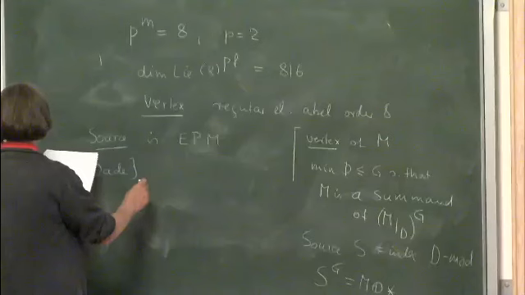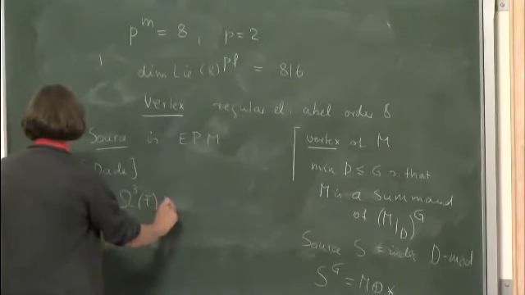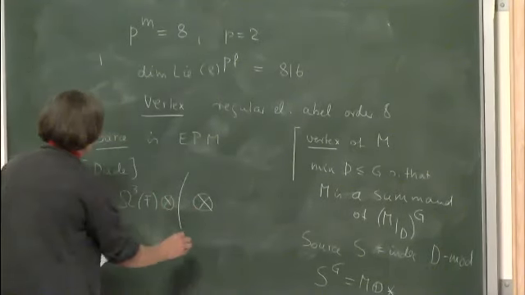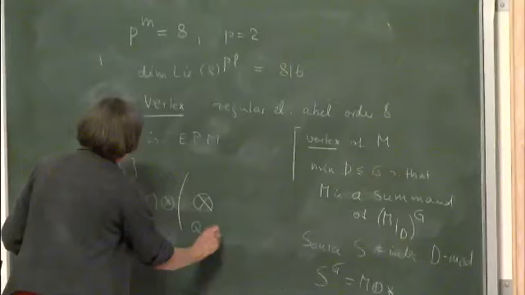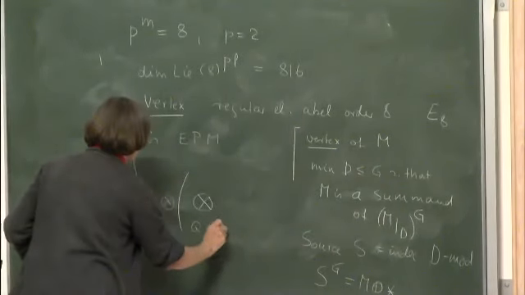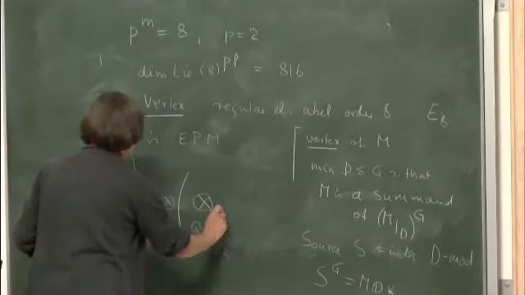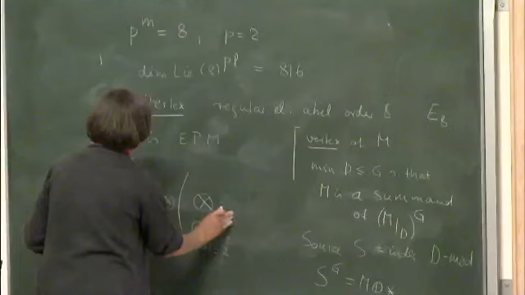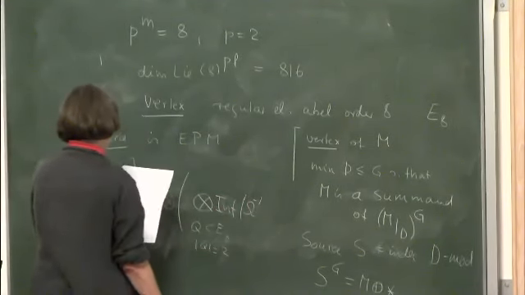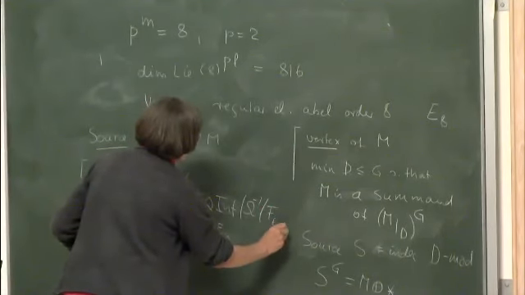The source in that case is: you take omega to the 3 of F, then you take a big tensor product over all subgroups of order 2 of E8, and you take the inflation of omega inverse of the trivial module of the factor group, E8 over Q. So you can write it down.